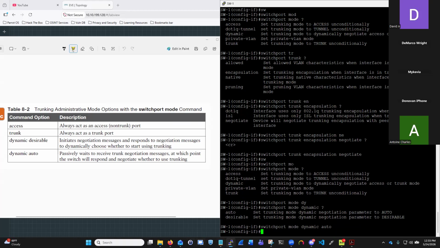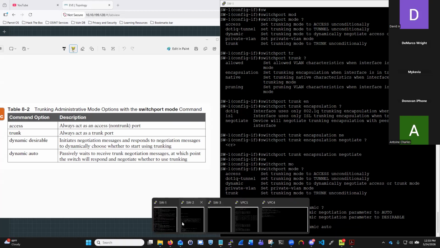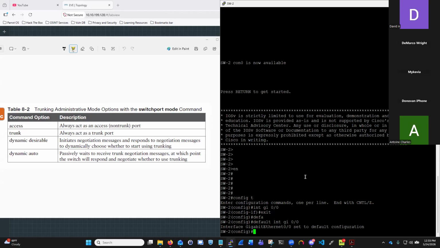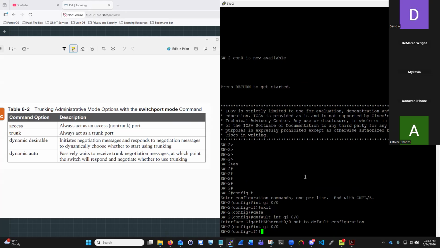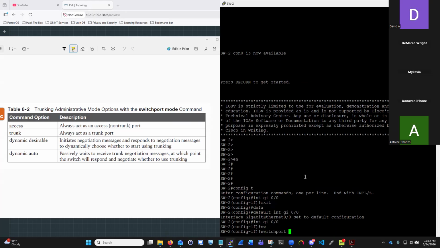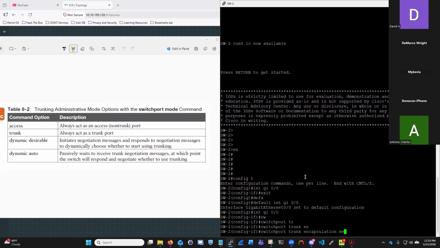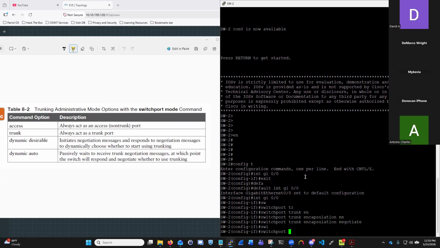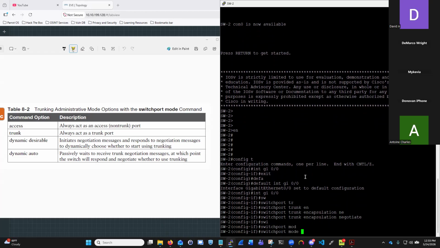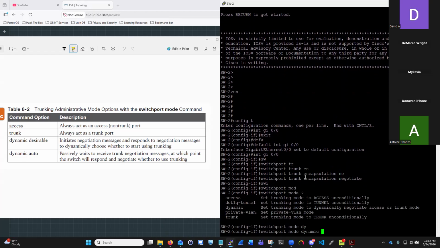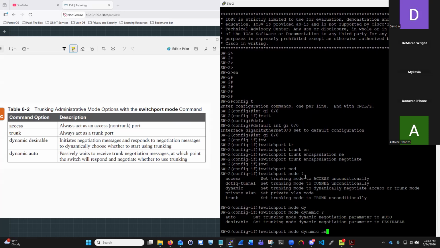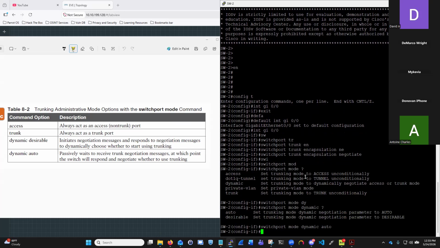Next, we're going to pull up switch two and do the same thing that we did, and we're going to do auto.